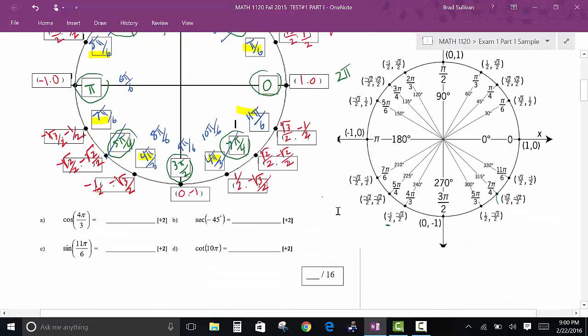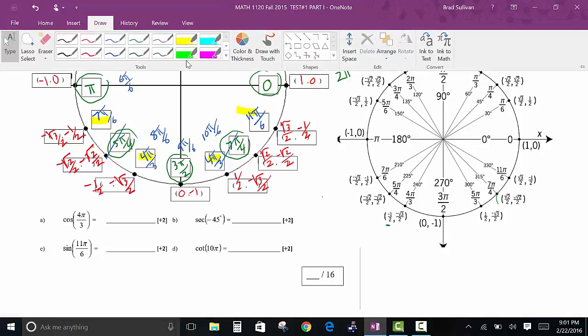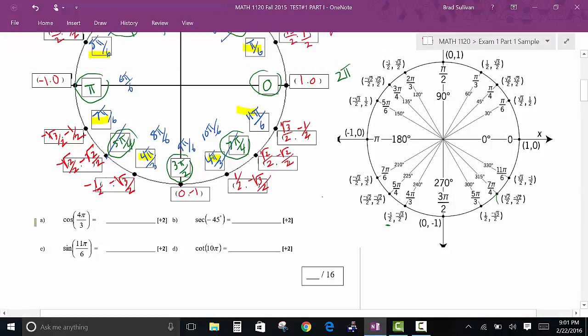Okay, so the next thing I want to do is look just a little bit at if you're looking at a unit circle. So let's look at, for instance, the cosine of 4 pi over 3. Okay, part A. If you find 4 pi over 3 is this angle, the cosine is nothing more than the x value.